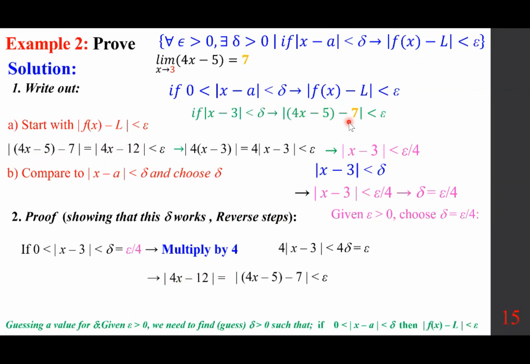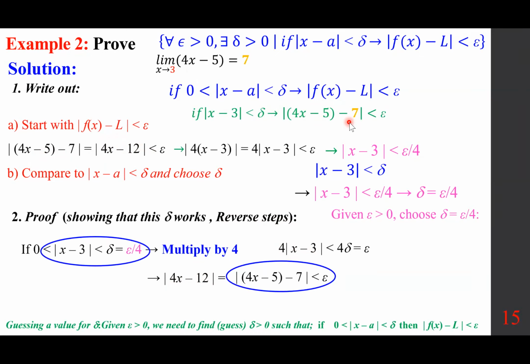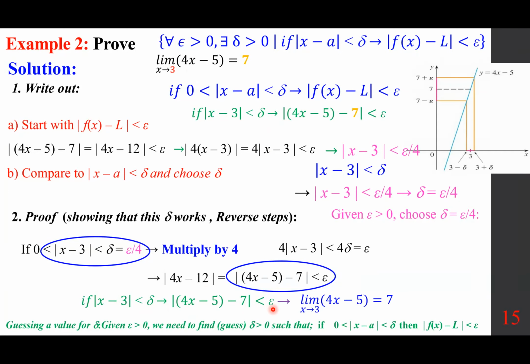Therefore, what does it mean? It means if absolute value of x minus 3 is less than delta, therefore absolute value of 4x minus 5, which is f of x minus 7, is less than epsilon. So that's what we have proved. All right. And that's a graph showing that this is number 3, x is approaching 3.